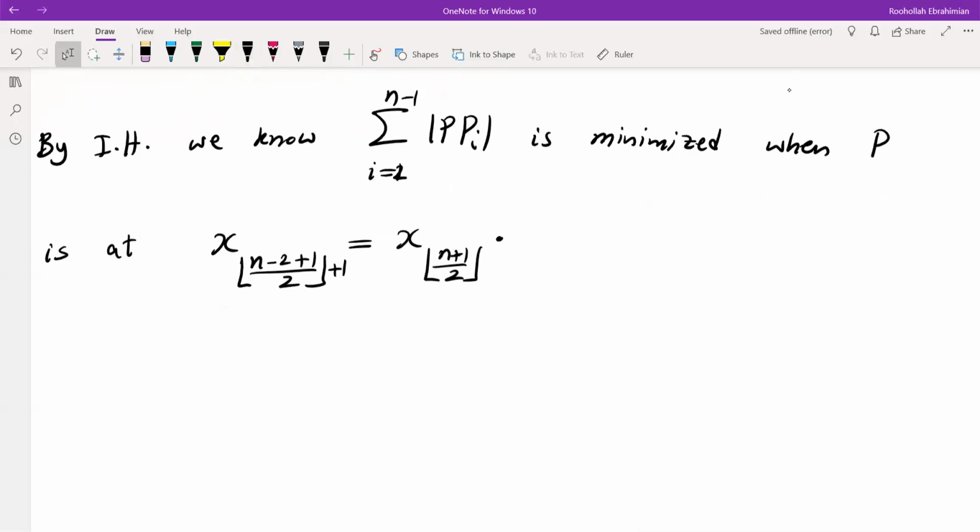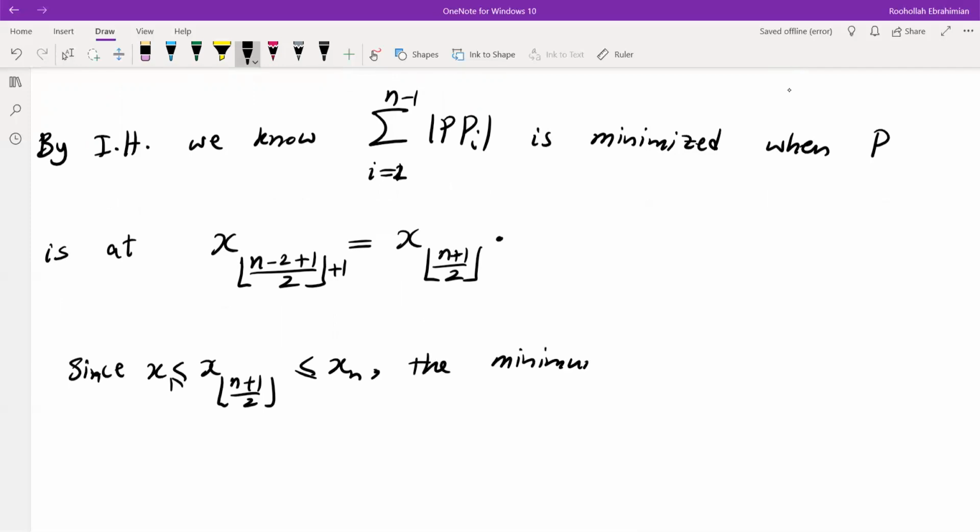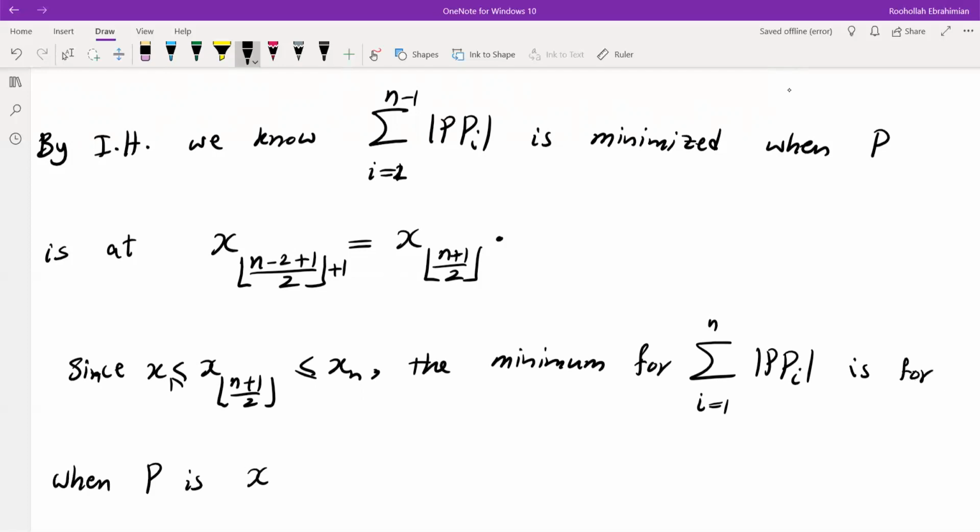And since x sub (n plus 1) over 2 is between x1 and xn, the minimum for the entire sum, i equals 1 to n of PPi, is when P is at x sub (n plus 1) over 2. And that completes the proof of this one.